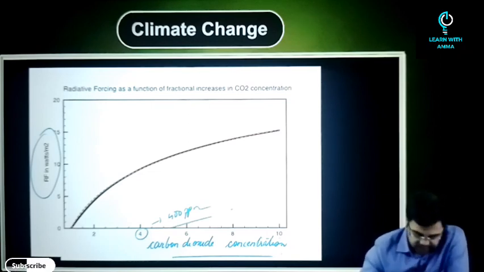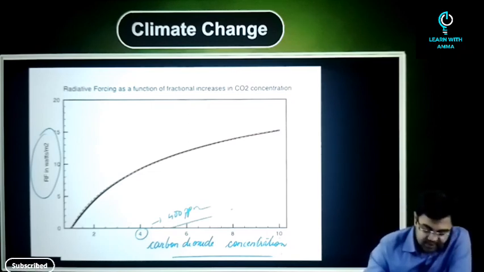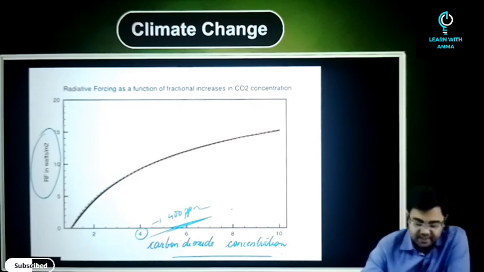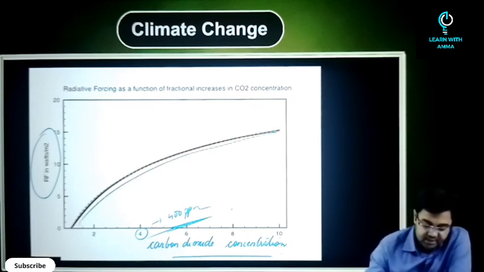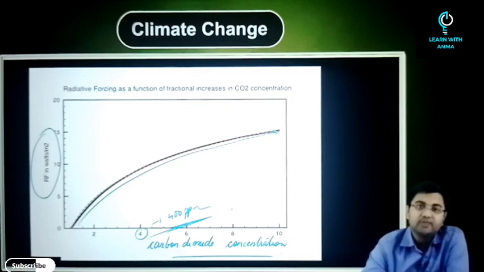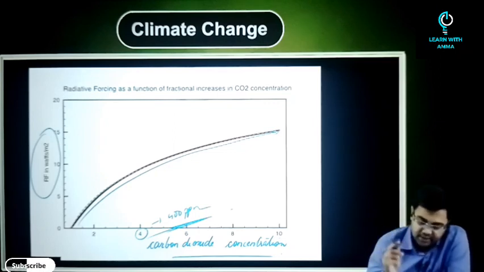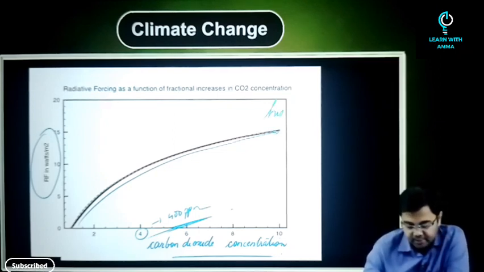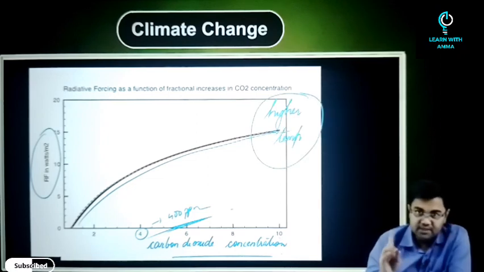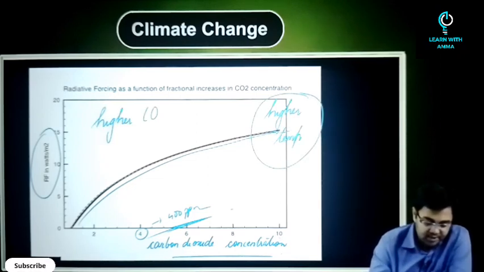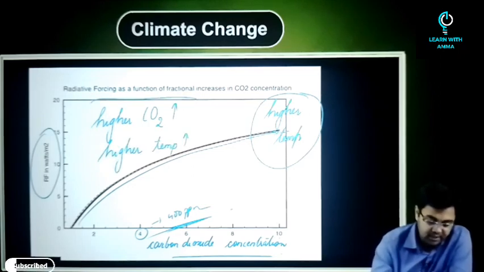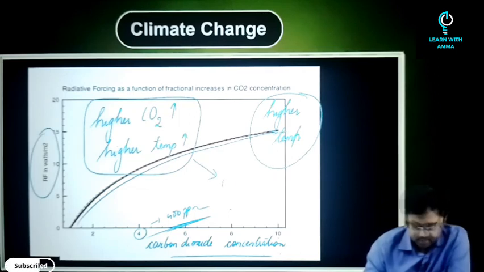As you start to increase the carbon dioxide level, you see an increase in the radiative forcing as well. And since there is an increase in radiative forcing because of the increase in carbon dioxide concentration, it will definitely lead to higher temperatures. So in very simple terms, a higher concentration of carbon dioxide would mean higher temperatures, correct? And this means that this is positive radiative forcing.